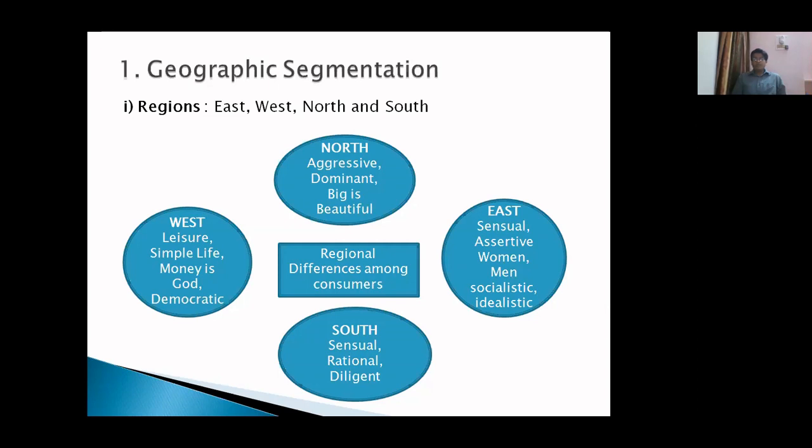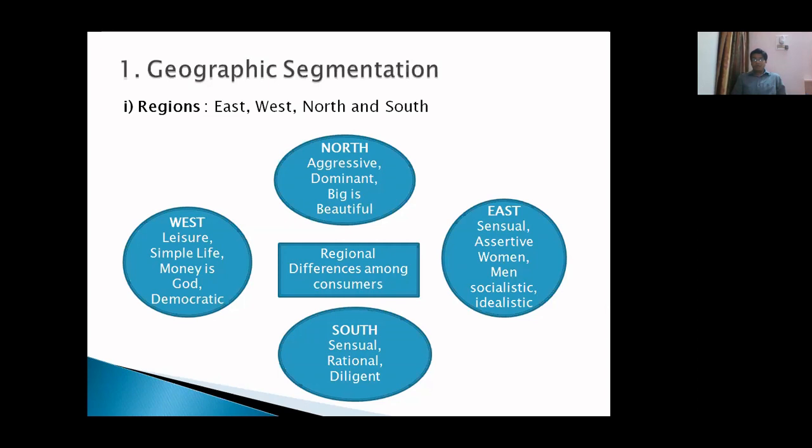And each region will have its own characteristics. The people living there will be behaving in a certain way. And these regional differences that exist in rural consumers of India, or broadly the consumers of India, could be expressed as: in North, people are aggressive, they are dominant.